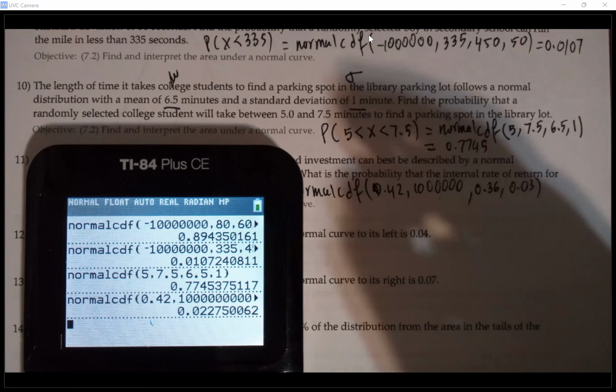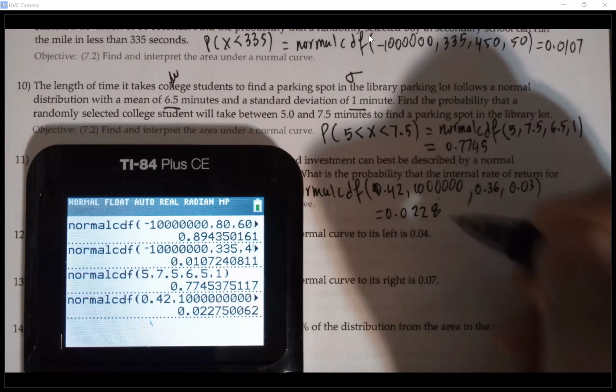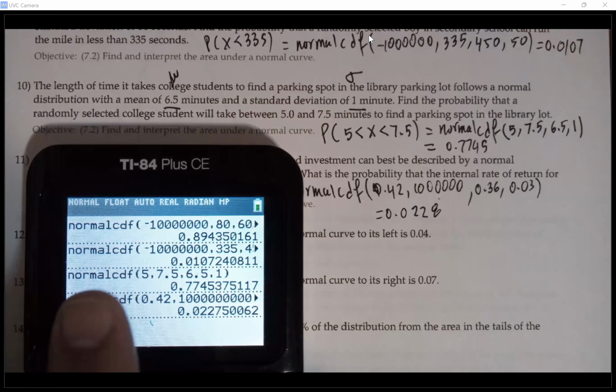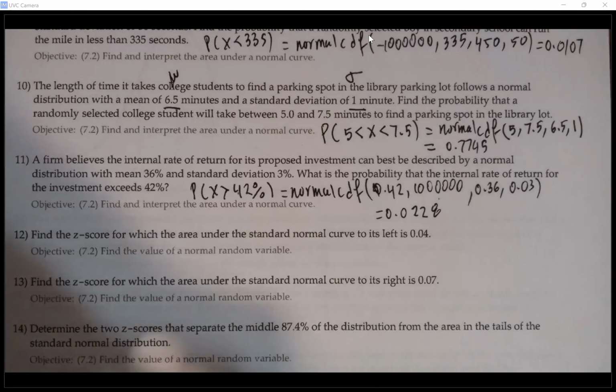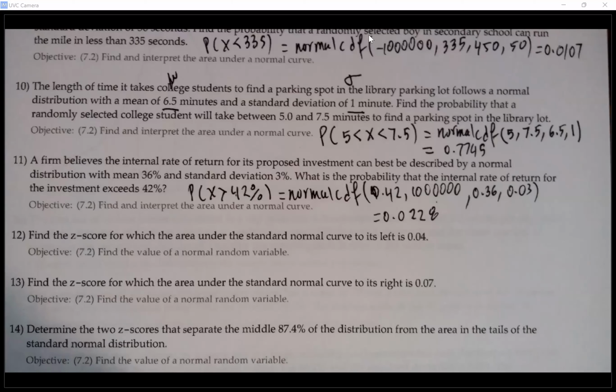Now, could you have used 36 instead of 0.36? Yeah. If you put 42 and then 36 and 3, it should work as well.